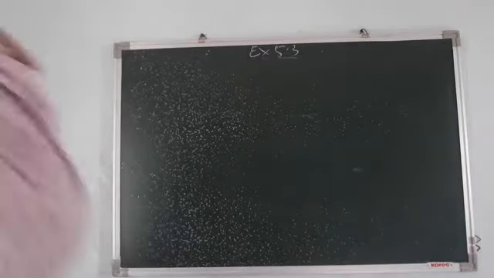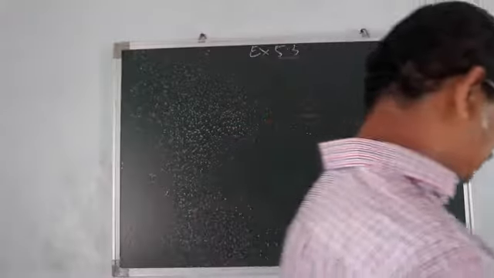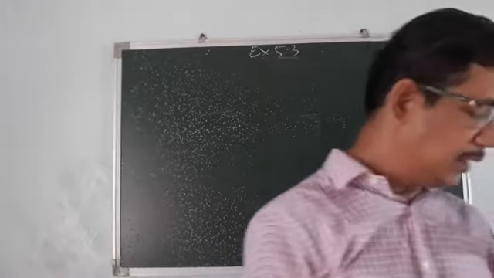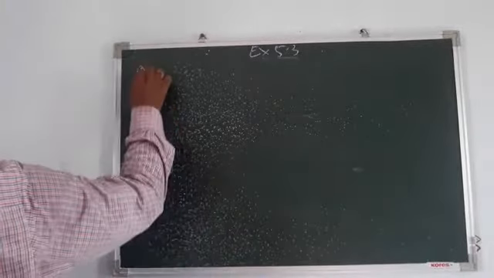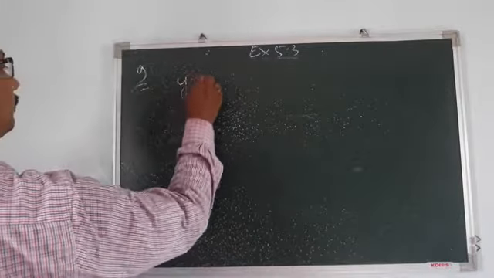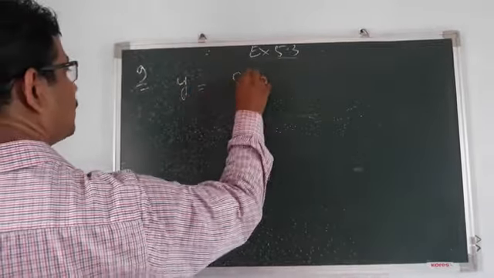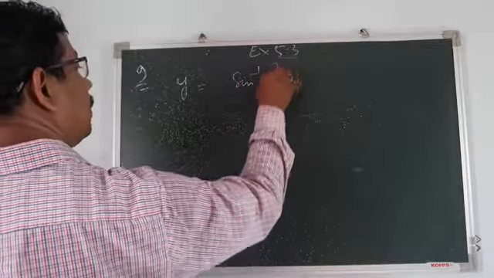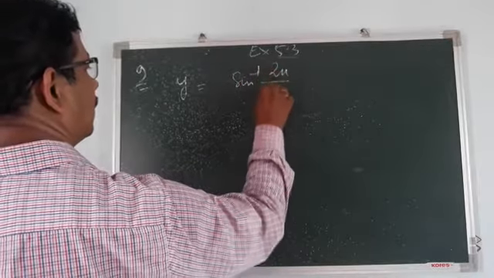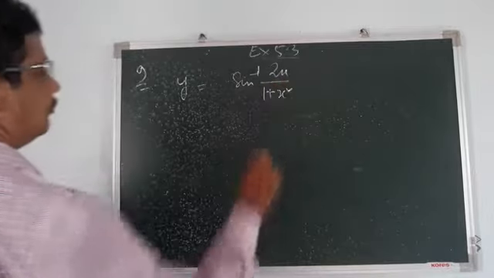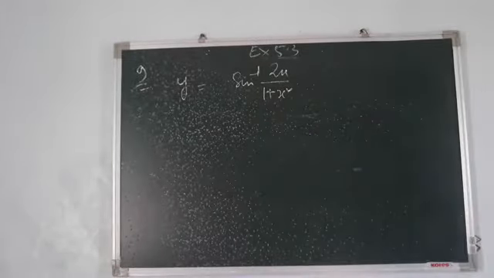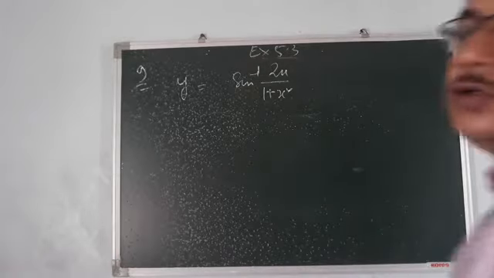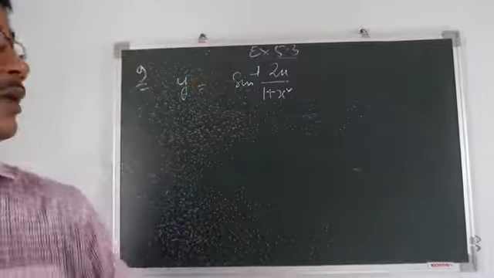Now question number 9. For question number 9, they have given a peculiar type. y is given: sin inverse of 2x by 1 plus x squared. We have to find dy/dx. So of course some substitution is required. We have to make it in the simplest form.